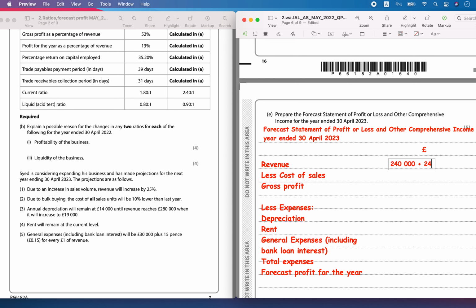Now it's going to increase by 25 percentage. So 25 percentage of 240,000, so that is going to be equal to 300,000.